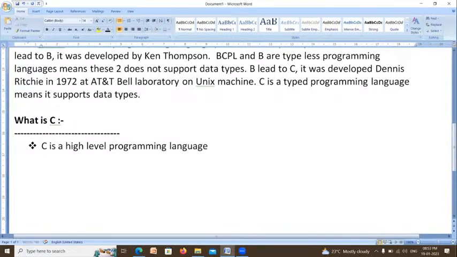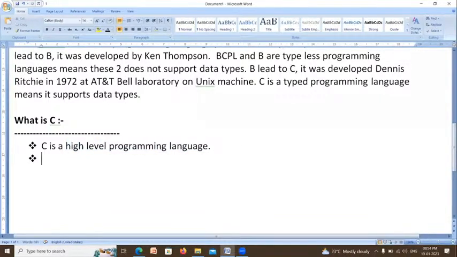What is the meaning of high level? High level means we can write programs by using simple English words, simple English words like print, scan. Those that use simple English words are called high-level languages.